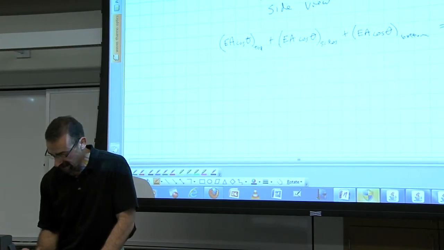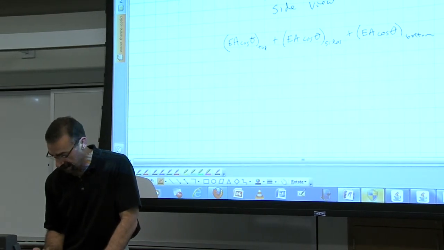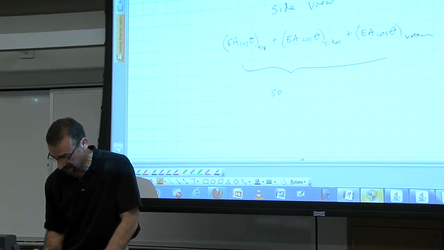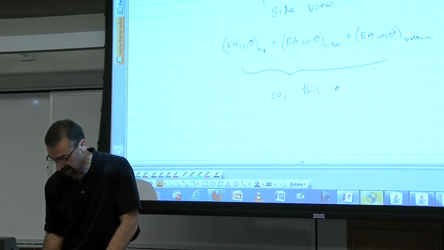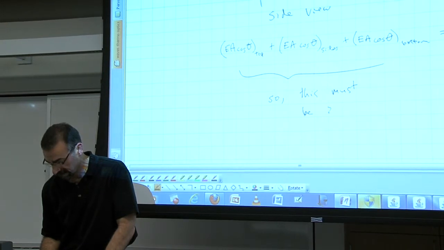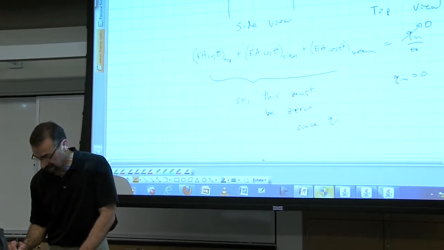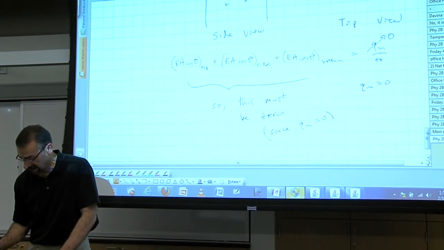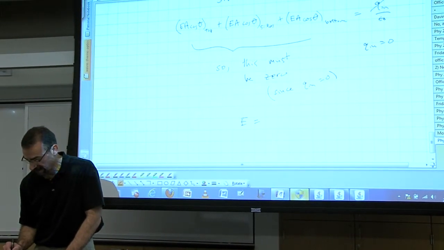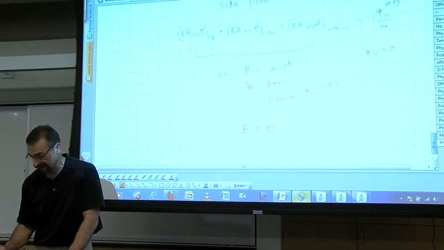So that means that the left side of this equation has to add to 0, and so the electric field has to be 0 in there.